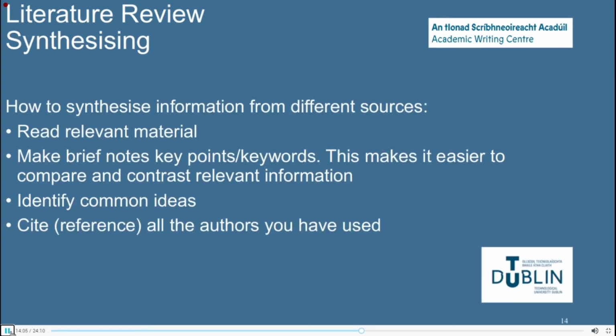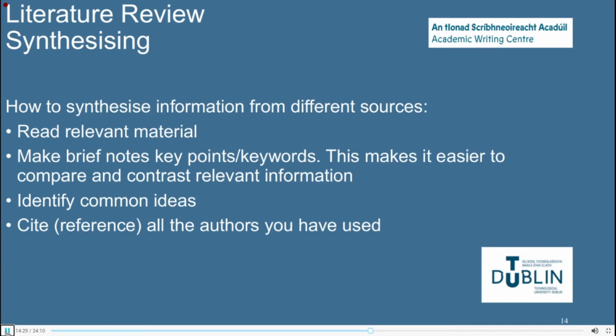So as we were saying, the first is synthesis, and this involves combining ideas from a range of sources in order to group and present common ideas or arguments. It is a complex and necessary skill used in essays, literature reviews, and other forms of academic writing.